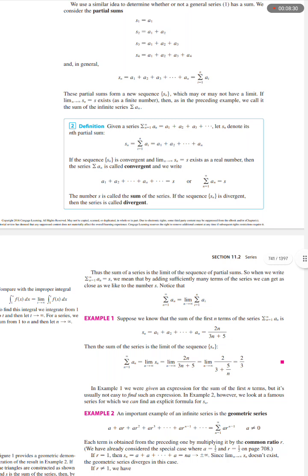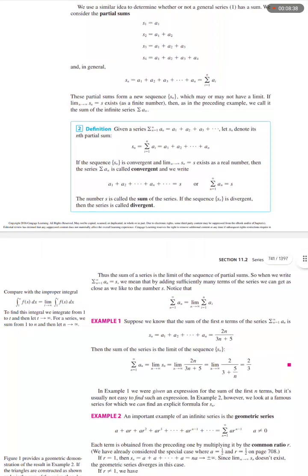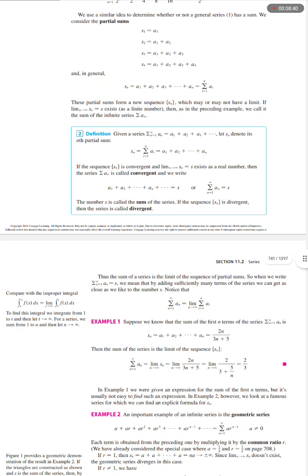The sum of a series is the limit of the sequence of partial sums. So when we write the sum from n equals 1 to infinity of a_n equals s, we mean that by adding sufficiently many terms of the series, we can get as close as we like to the number s.